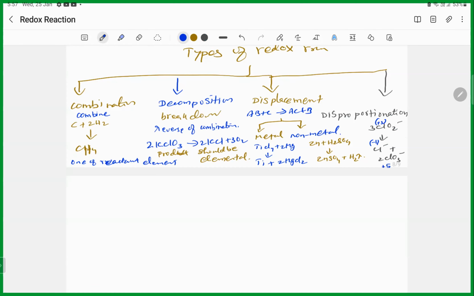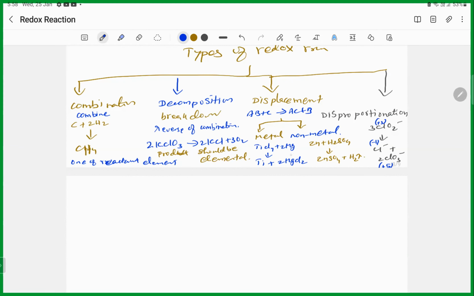So are you able to understand the types of redox reaction? Combination, decomposition, displacement, and disproportionation. In combination reaction, one of the reactants should be in the elemental form. Decomposition is the reverse of combination, so one of the products should be in the elemental form. Displacement will be metal displacement or non-metal displacement.